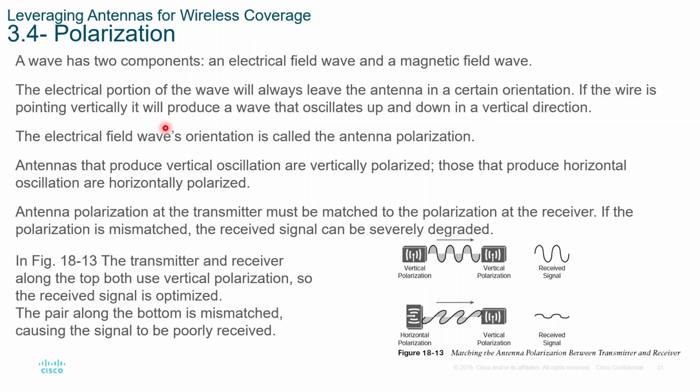If the wire is pointing, it will produce a wave that oscillates up and down. It's called the antenna polarization. An antenna that produces vertical waves is vertical. The antenna must be matched, so it should be matching. If it's horizontal, it's not good. A mismatch is just saying that when I'm receiving the signal, this is how I want to receive the signal.